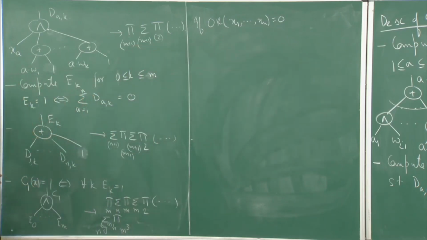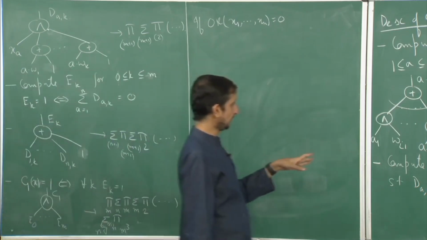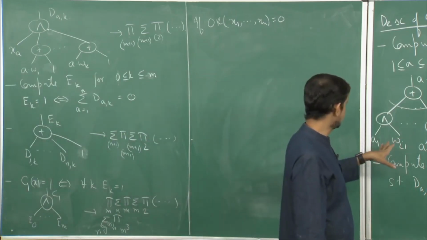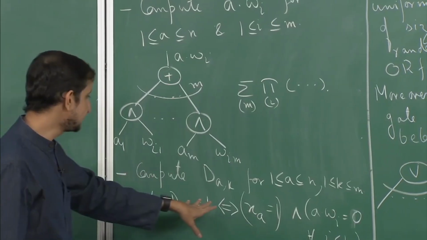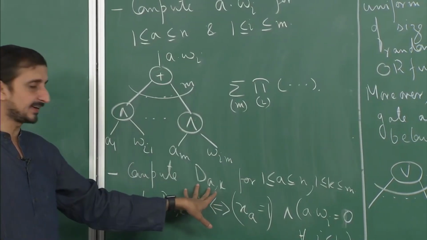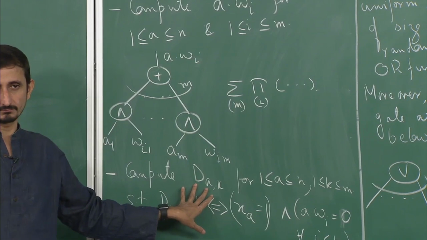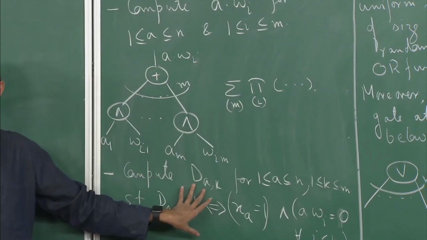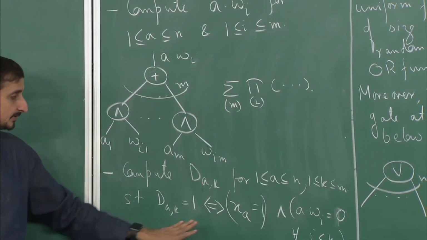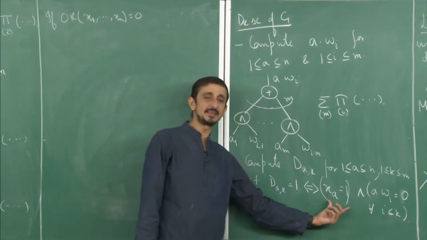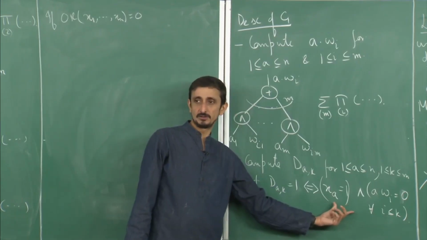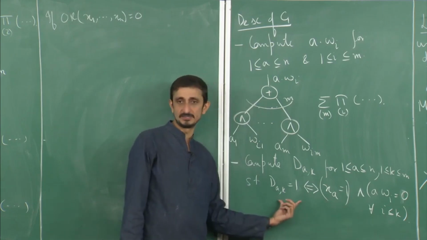If all the xi's are 0, let us look at the circuit. So, what is each one of these things giving us? What will be the output of DAK? DAK's output will be 0 because each xi is 0. So, therefore, this first predicate itself is false.